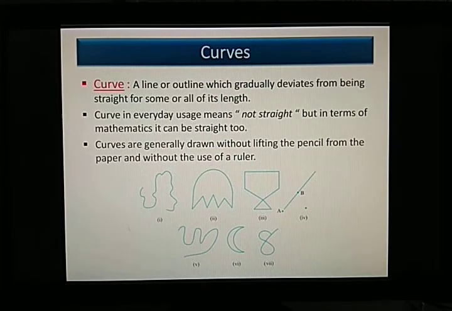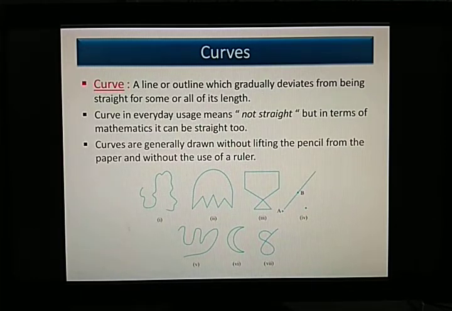How? Because curves are generally such type of figures or geometrical diagrams which are mainly drawn freehand. That means they are drawn without the help of any other geometrical instruments. They are directly drawn with the help of the pencil on the piece of paper, and without lifting the pencil, we have to freely draw it, also without the help of a ruler.